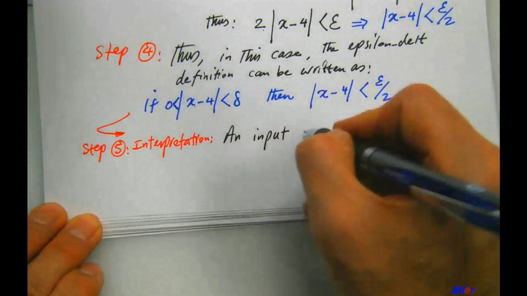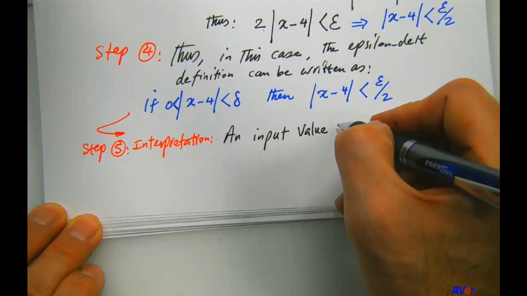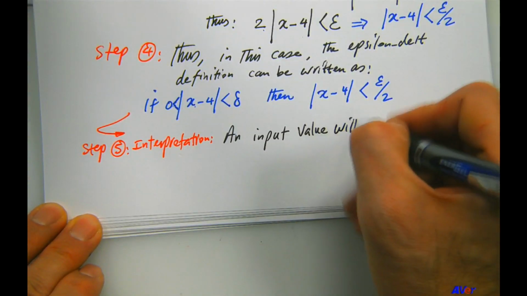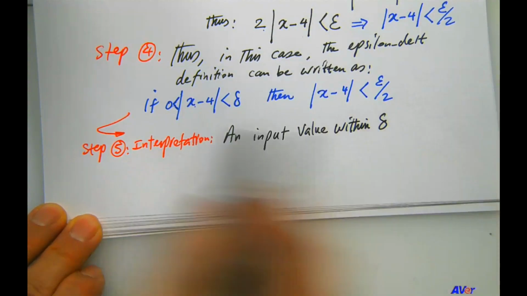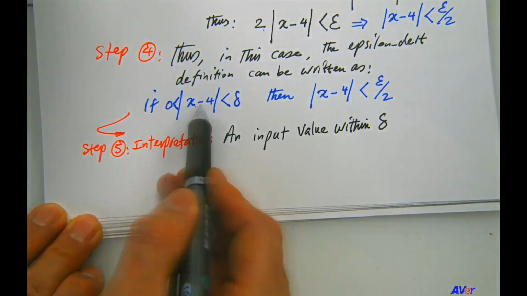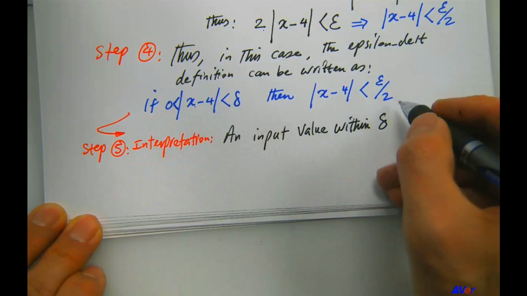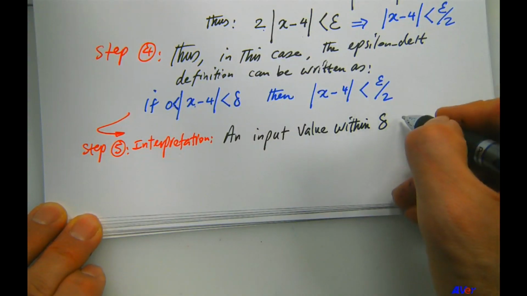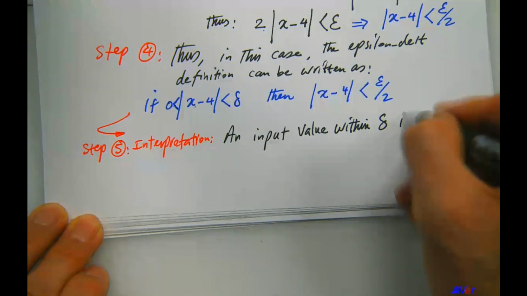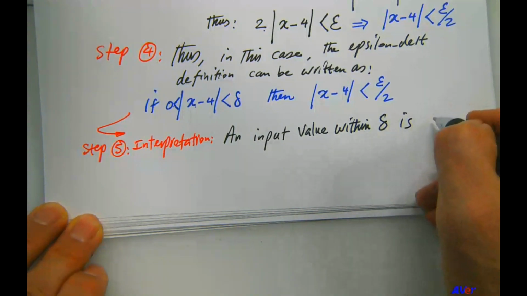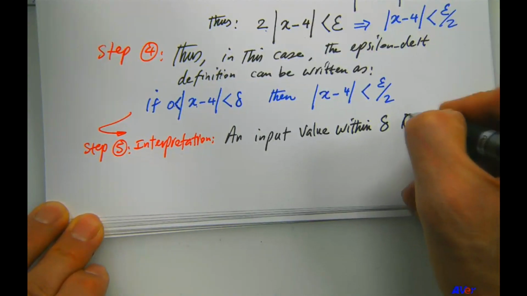An input value within delta, that's an input value within delta. x minus 4 is between 0 and delta, and it corresponds.